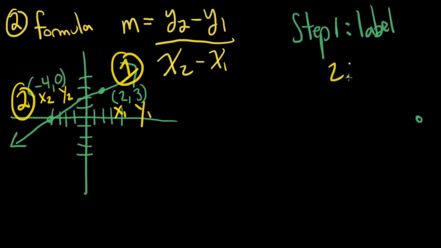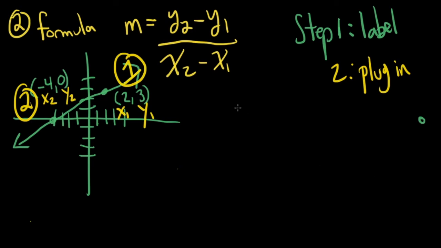So step 2 is plug in the numbers. So let's go and plug in the numbers right now. And remember, I'm going to kind of draw it like this because it's going to be nice and easy. So notice I'm doing the exact same thing as I did over here, right?